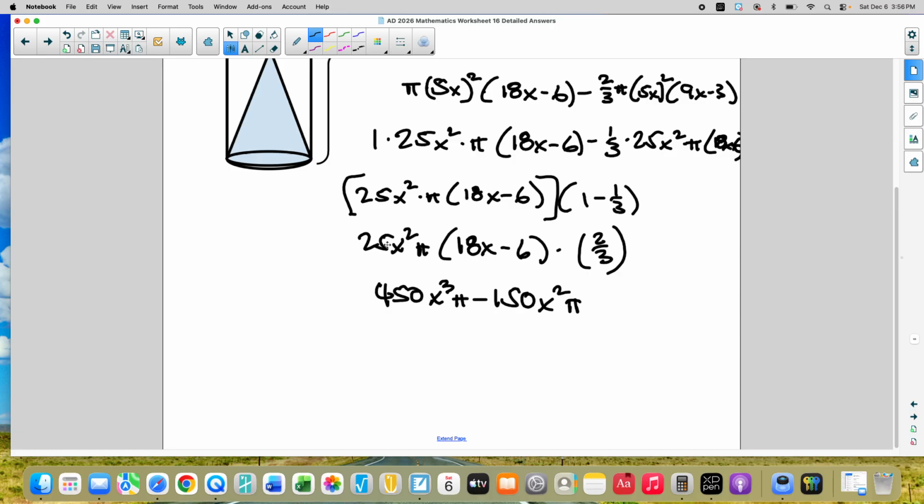Distributing to that, x to the cube, that's x squared. And now we're going to take that and multiply it by 2/3. Oh, I could have just multiplied the 2/3 times that. That was kind of silly.